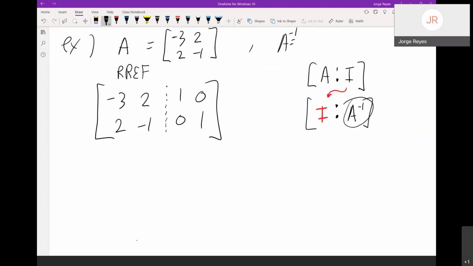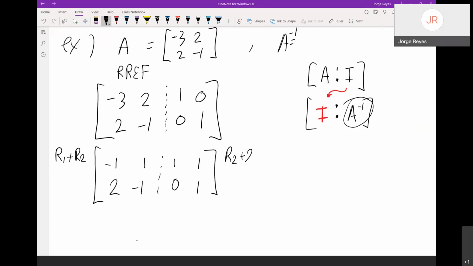I'm going to do row 1 plus row 2. So I'm going to get negative 1, 1, 1, 1, 2, negative 1, 0, 1.